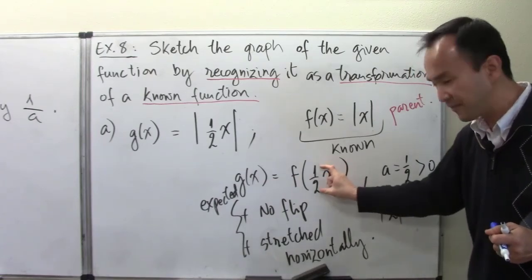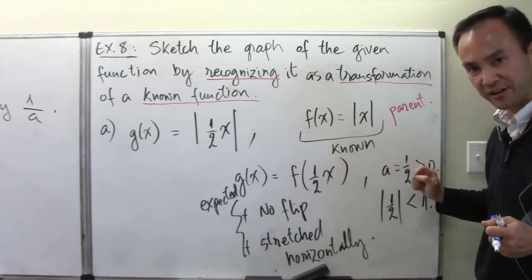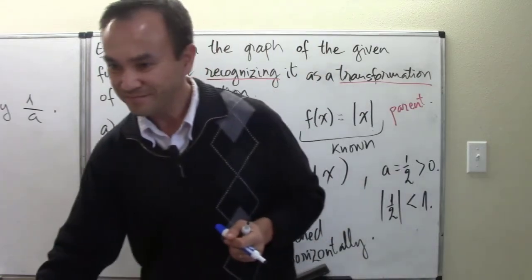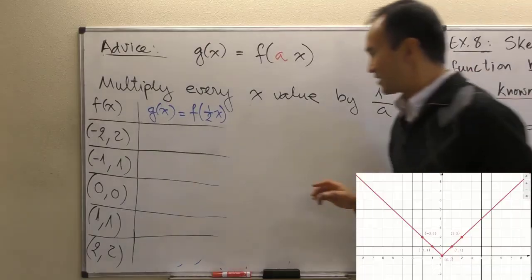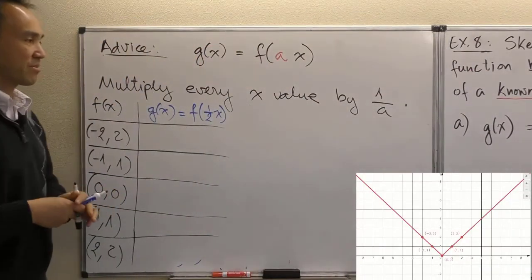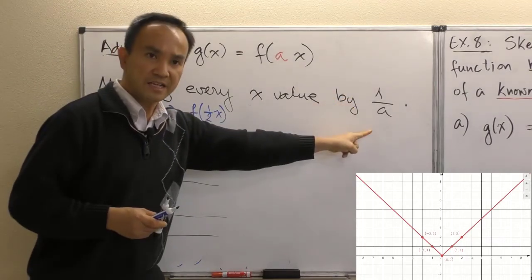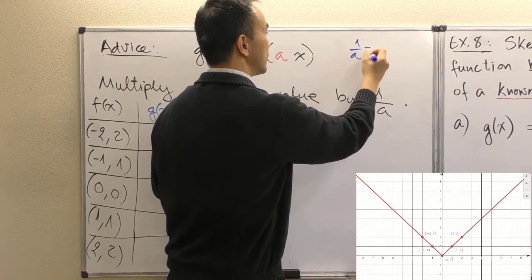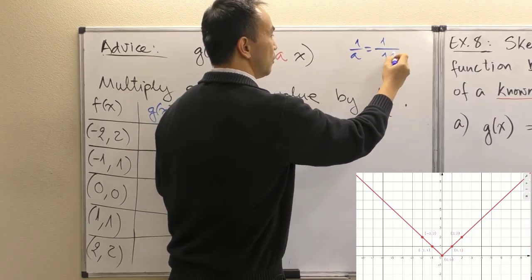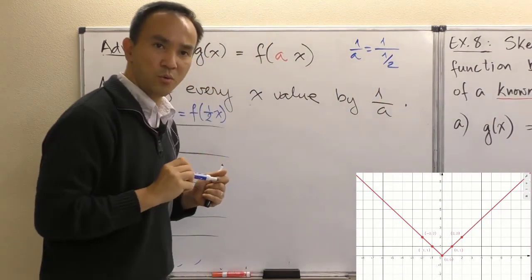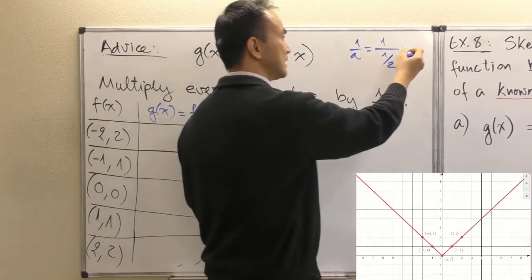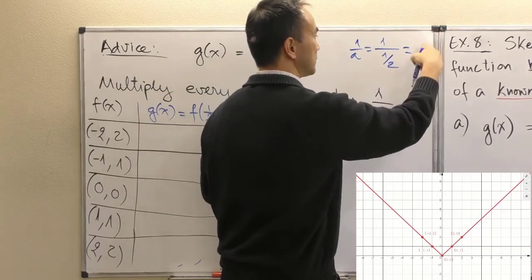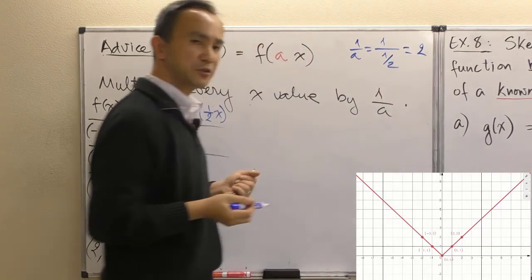Our a value is this positive 1/2 right here. And so 1 over a is going to be the same as 1 over 1/2, and the math comes out quickly to be positive 2.